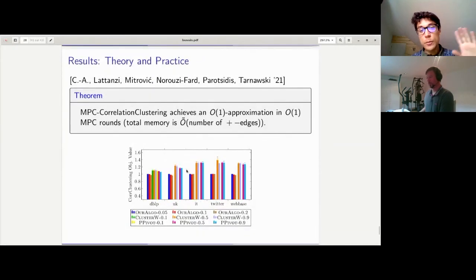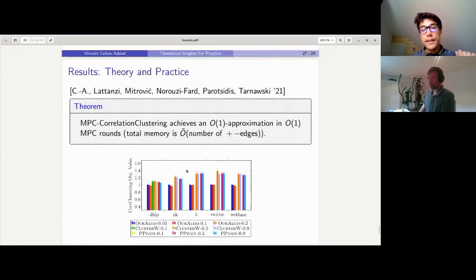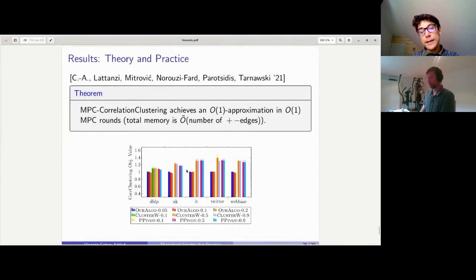It's an implementation of the pivot in the MPC setting where they do some approximation, because the pivot algorithm is really sequential. You have to pick pivots one at a time, and so they have some ways of parallelizing it. I should point to the paper that has a parameter for the way they relax the sequentiality of the pivot algorithm.